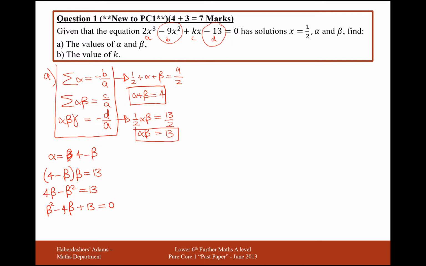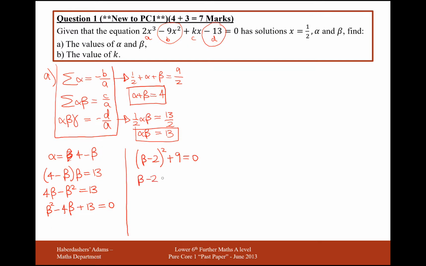Okay, I don't see any way of putting this into two brackets nice and quickly, so I'm probably going to have to complete the square or solve it using the quadratic formula. Beta minus 2 squared, take away 4, add 13 will leave me with plus 9 equals 0.